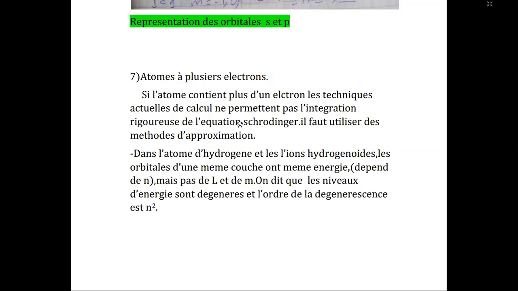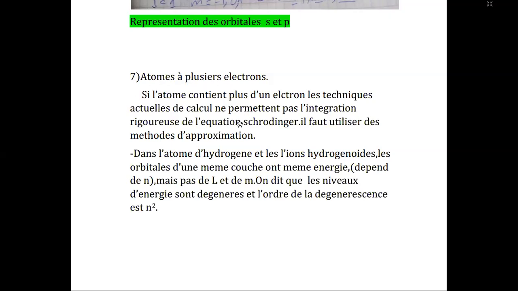So if an atom contains a lot of electrons, the actual equation of Schrödinger is impossible to use, and we have to use another way to calculate its energy. So what is this way?